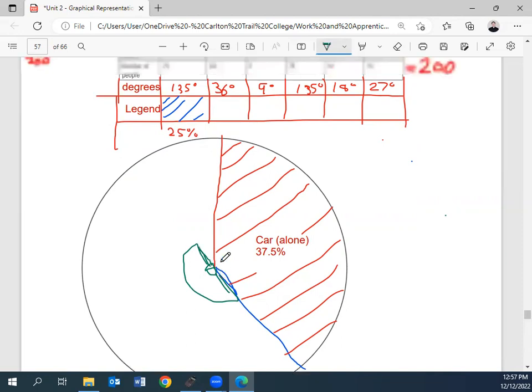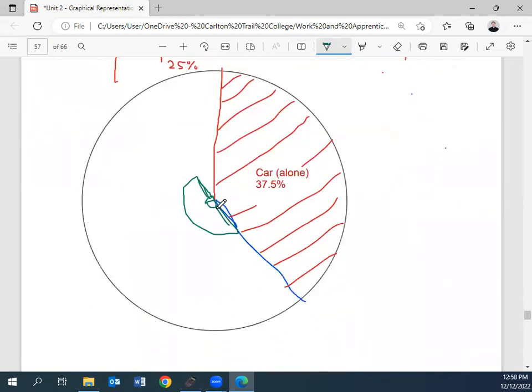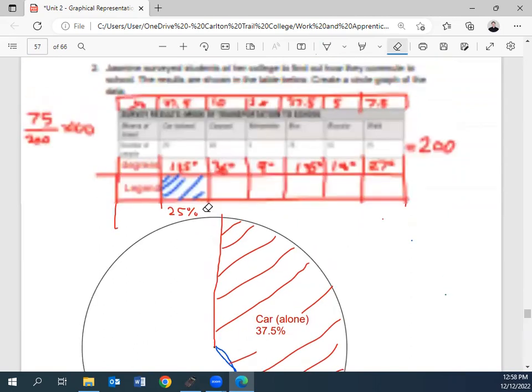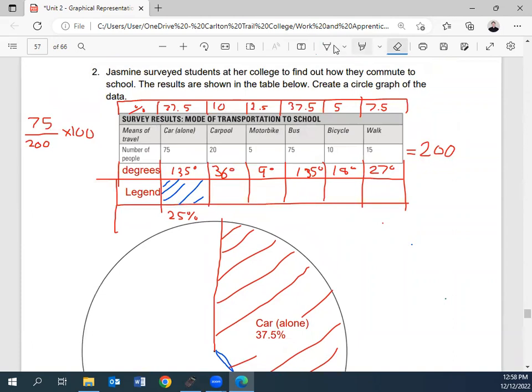And you're going to measure out 36 degrees from that point. So make your little notch at 36 degrees, and then you just connect those two lines. Is that making sense? Yeah. Okay. So I'll get you to do that for these next two, which is carpool and motorbike.